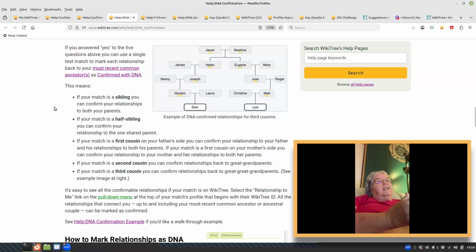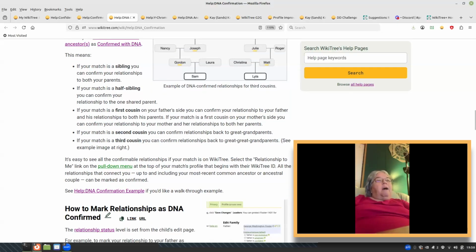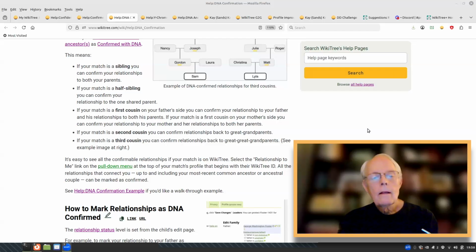And it's true every generation you go back. You have to figure out which one of the children of those grandparents applies to you. It would be nice if you couldn't confirm with DNA without it being confirmed in the first place, but it's a little tricky to do that.